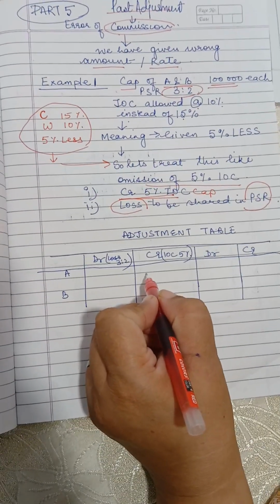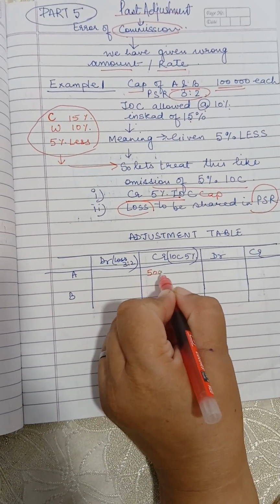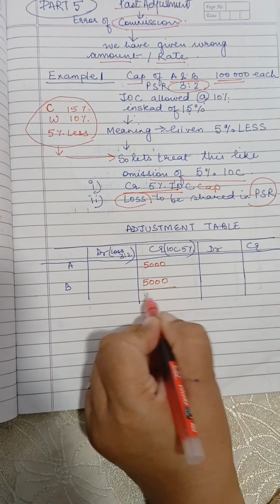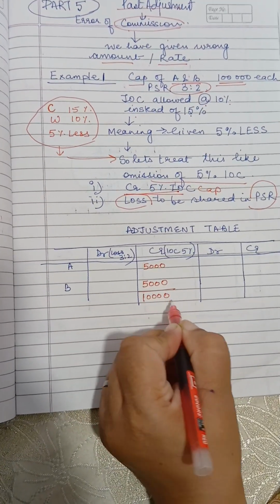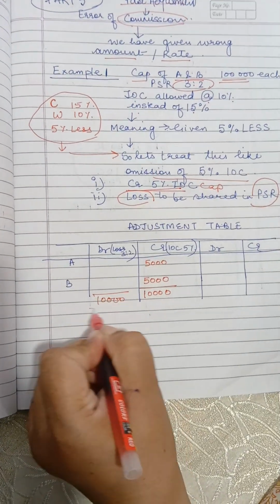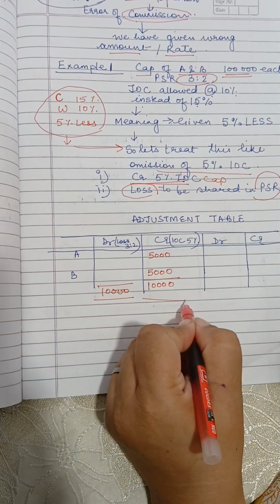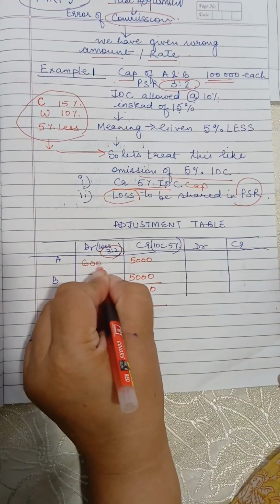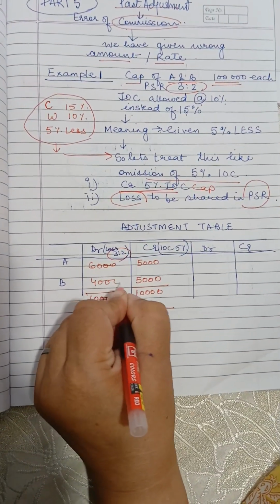1 lakh, 5% is 5,000. 5,000 to A, 5,000 to B. Total 10,000 credited, which results in loss of 10,000 or decrease in profit of 10,000, which will be shared in PSR 3:2, 6,000 and 4,000 respectively.